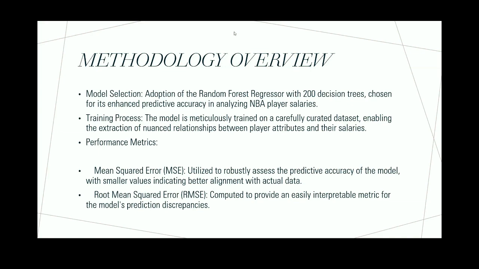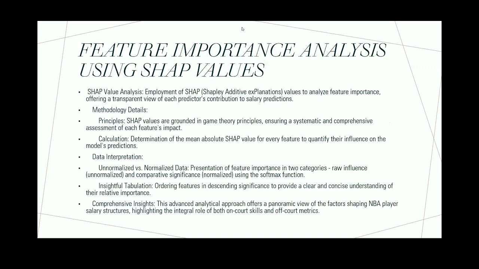So I train the model, use MSE and RMSE to check the prediction, and then use the random forest model, and after that SHAP values to measure the feature importance of those 27 features, because SHAP values try to ensure a systematic and comprehensive assessment of each feature's impact. So I use the mean absolute SHAP value for every feature to quantify the influence.